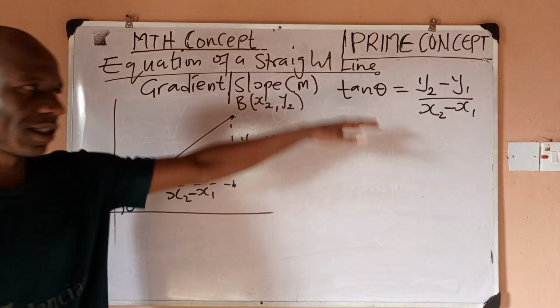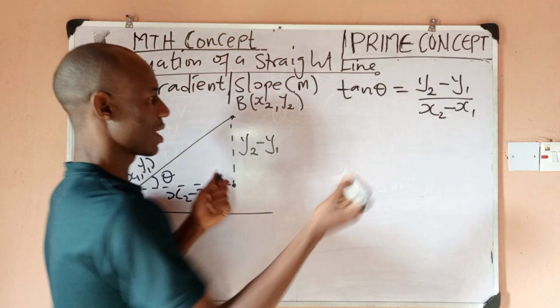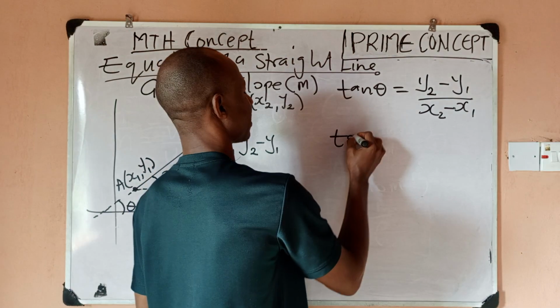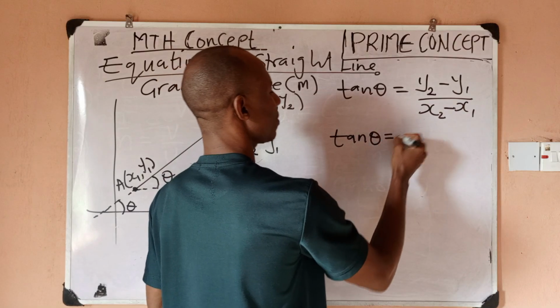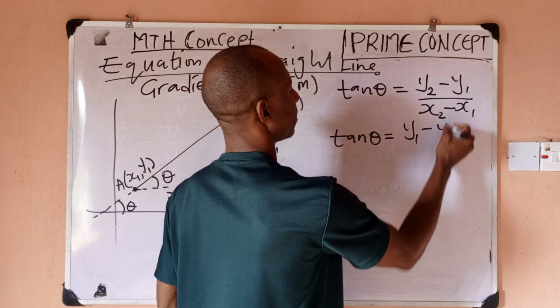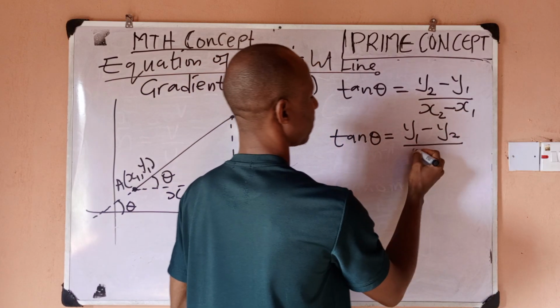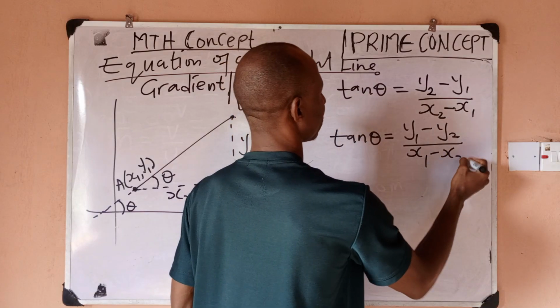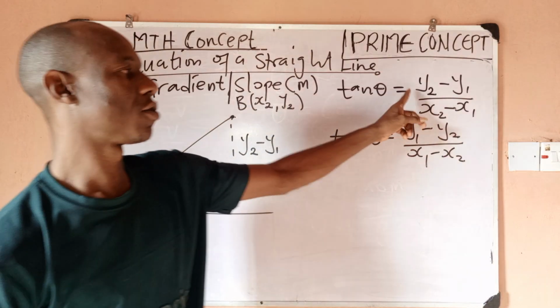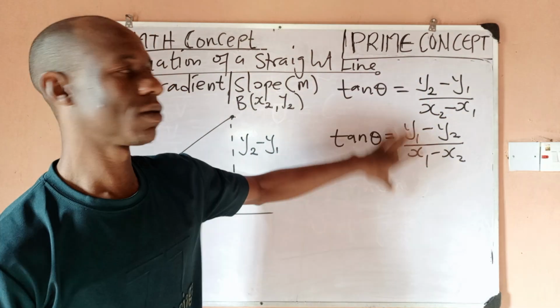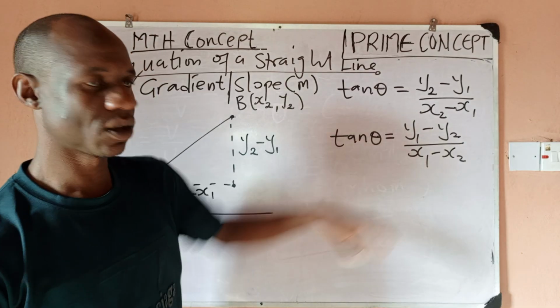We can still write this as tan theta equals y1 minus y2 divided by x1 minus x2. It will still be correct because if you just factorize, you'll notice this would give you the same result, right?